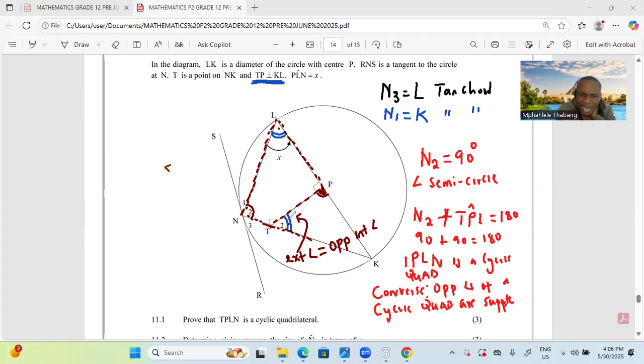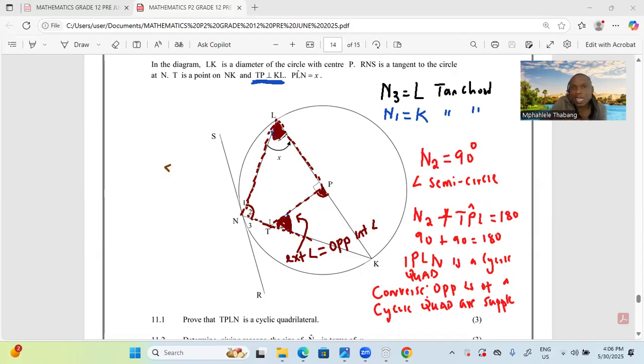So the angle outside the cyclic quad is equal to the opposite interior angle. So you have to take this into account, because you have proven that your quadrilateral is a cyclic quad.